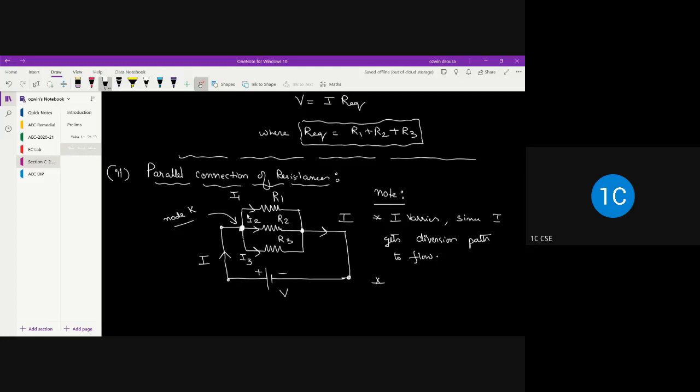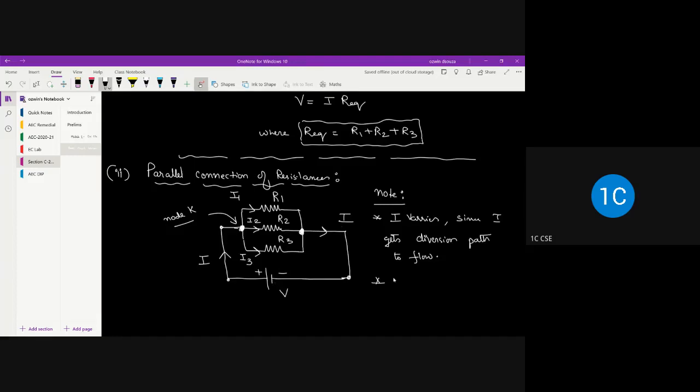That means each end of R1, R2, and R3 is connected together, and that common node is given to the positive terminal of the battery. Similarly, the other remaining ends of R1, R2, and R3 are connected together, and that junction is connected to the negative terminal of the battery. So in this process, each of these resistances is receiving the same voltage.